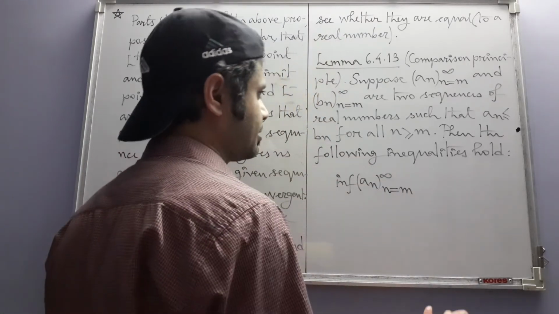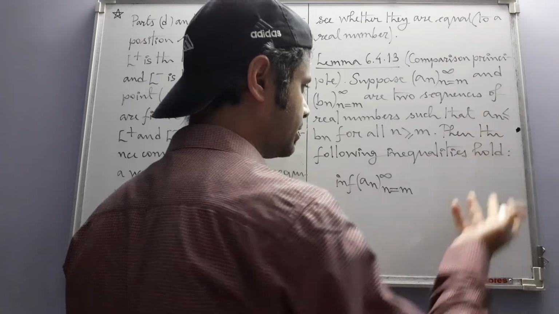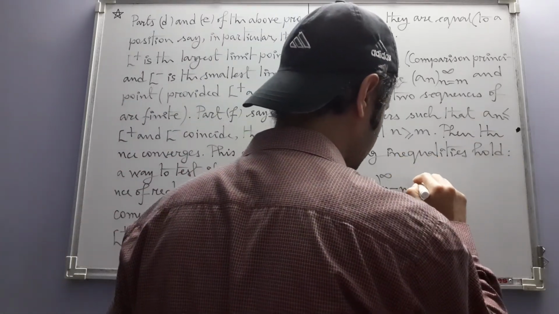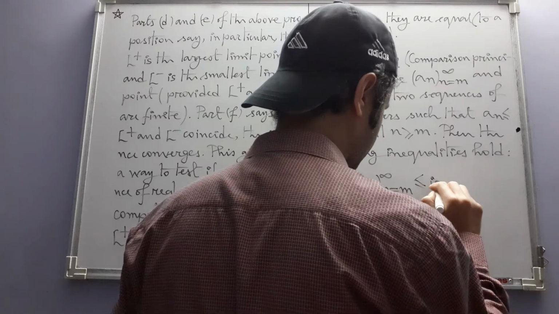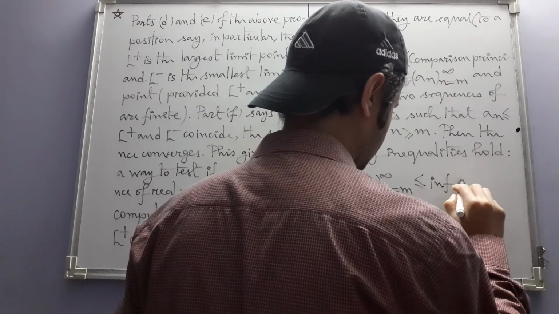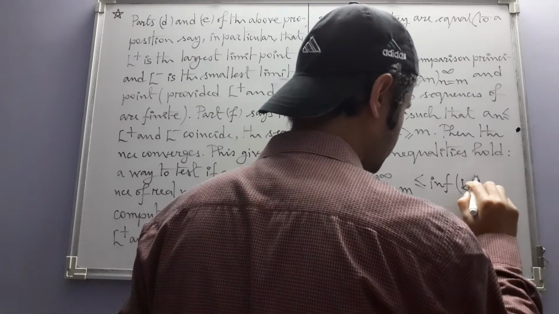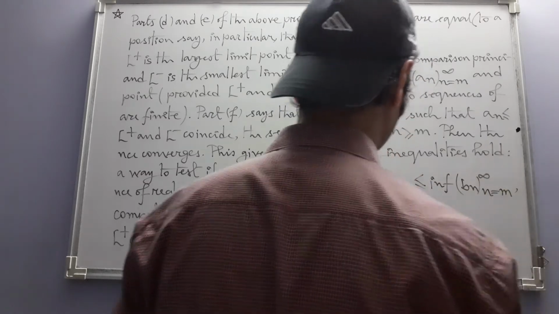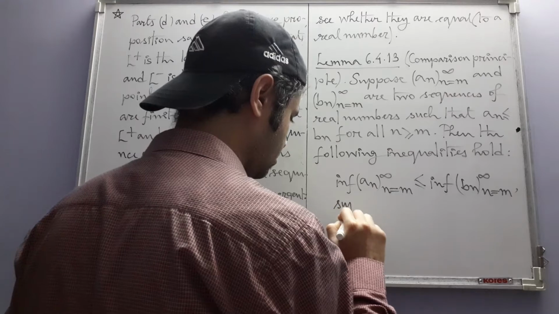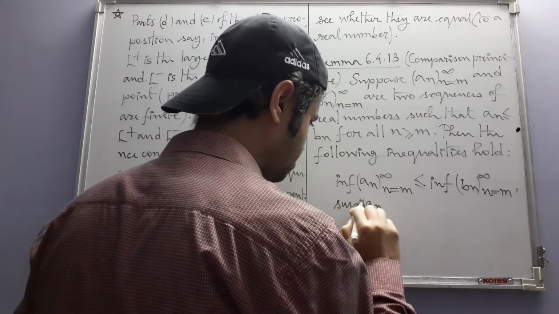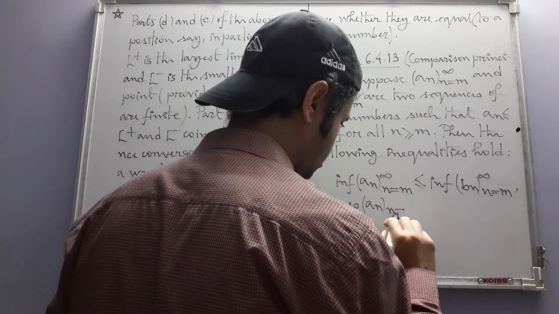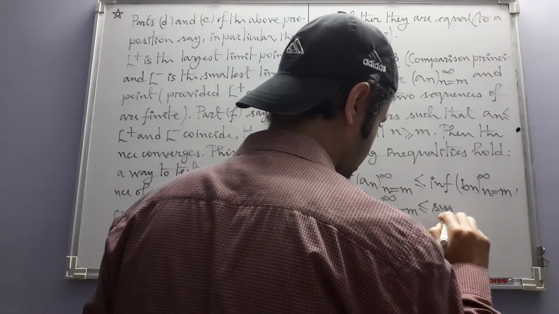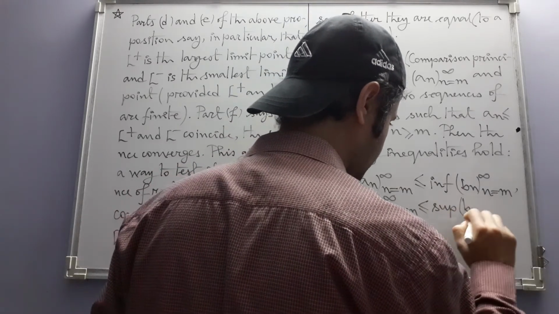Yes, it does not matter, even if you write greater than or equal to, nothing actually changes essentially) is less than or equal to the infimum of b_n. Then the supremum of a_n is less than or equal to the supremum of b_n.